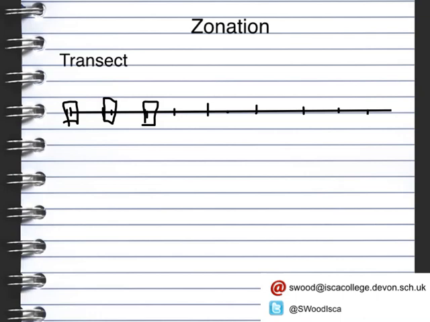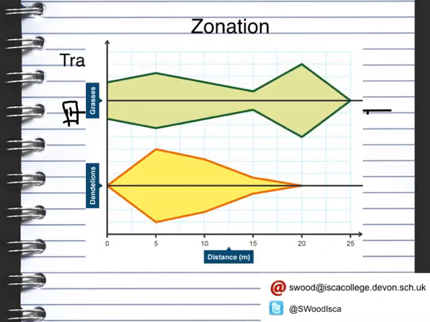Now, once you've collected all that data, you can display it in the form of a kite diagram. If we have a look at this kite diagram, we've got the distance along the bottom, and it doesn't matter what the distance is, it could be anything. Along here we've got the different organisms.